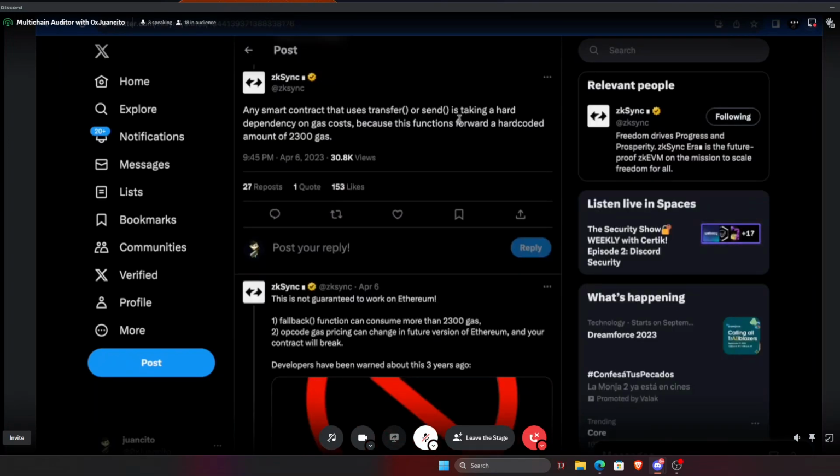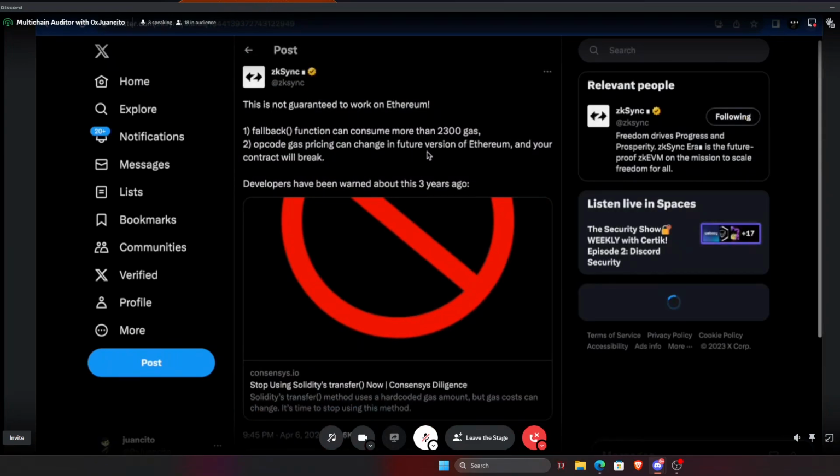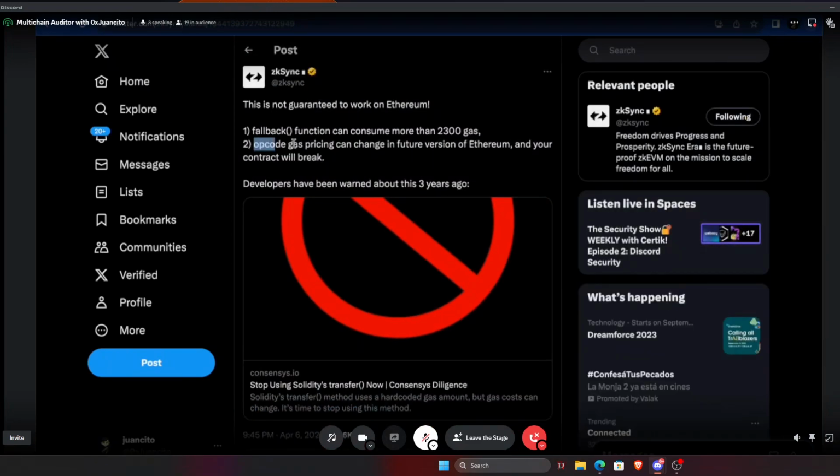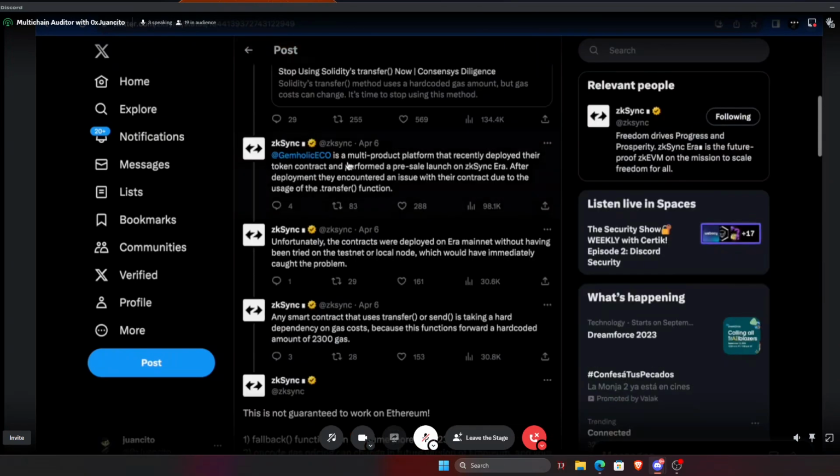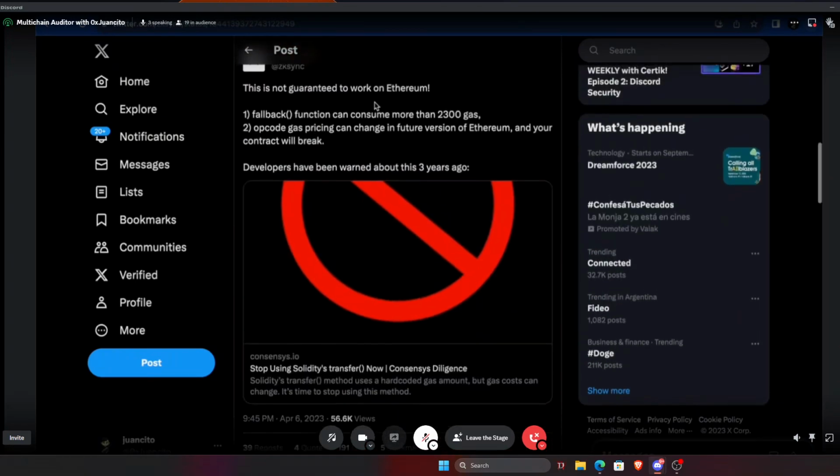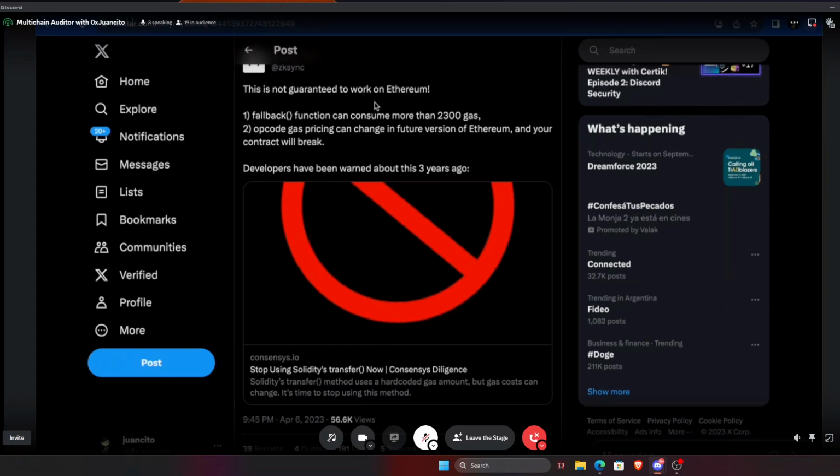As I was saying, this function forwards a hardcoded amount of 2300 gas. But the fallback was calling some other functions, and these functions couldn't run, so it was a kind of denial of service error, and funds from many users were locked in the protocol.